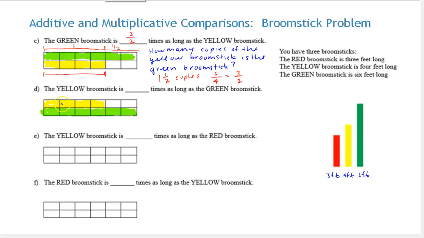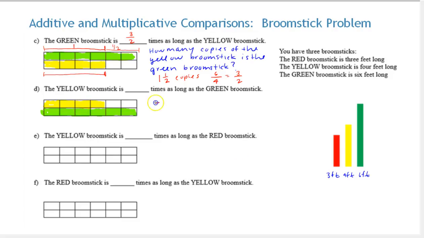Now notice the yellow broomstick is shorter than the green broomstick, so it's going to be a fraction of the green broomstick. So in the previous example, we had 1 whole copy plus 1/2 a copy. Here, the yellow is definitely less than 1 copy of the green. Well, what fraction is it of the green?